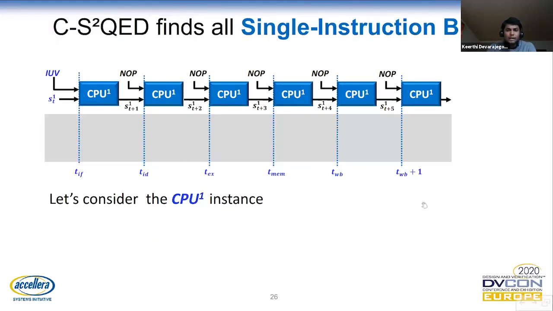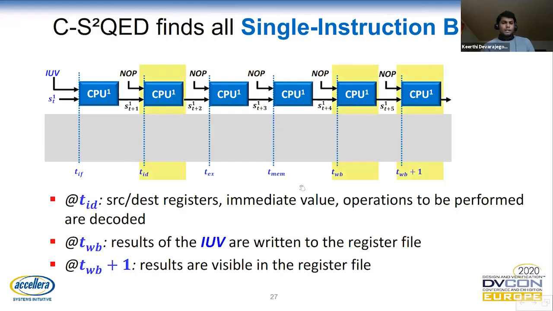Now let's see how a single instruction bug will be found by this verification setup. For the single instruction bug, let's consider only the CPU1 instance. If we consider this instance, TID, as I said before, is the time point or the stage of the instruction execution when the source and destination registers, immediate values, or operations to be performed are decoded.